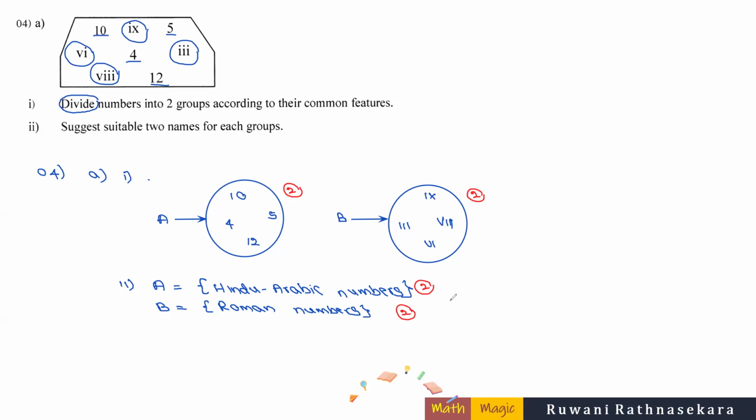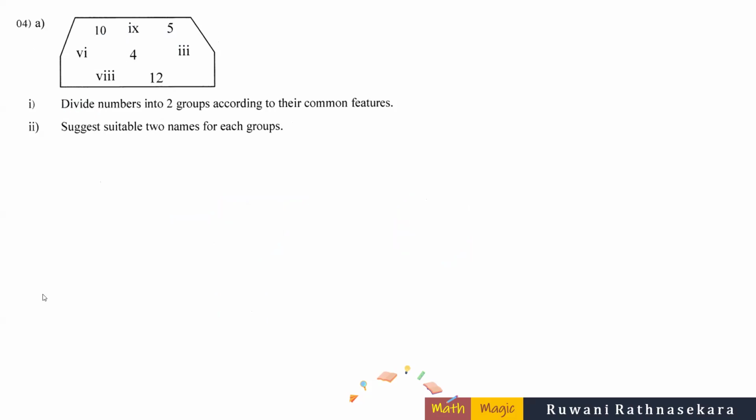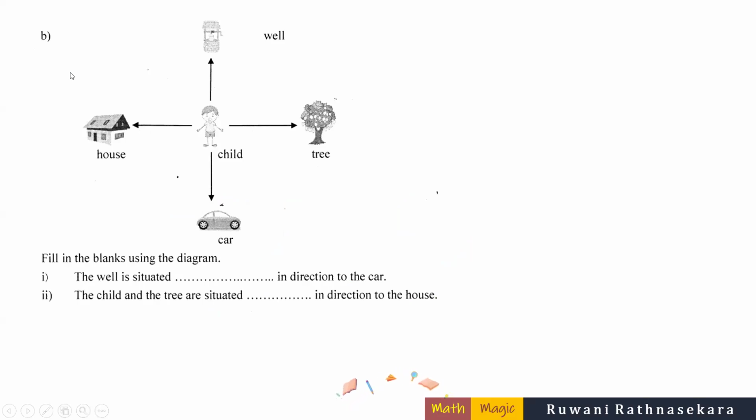Part B. It's a very simple one. The well is situated in the direction of, you can write only the answer. The well from the car. Right?